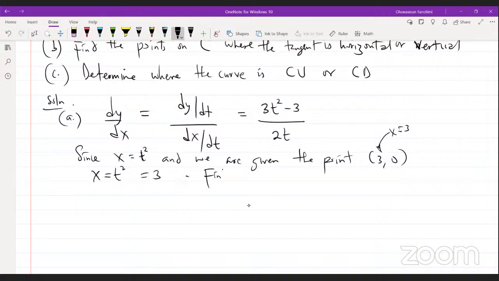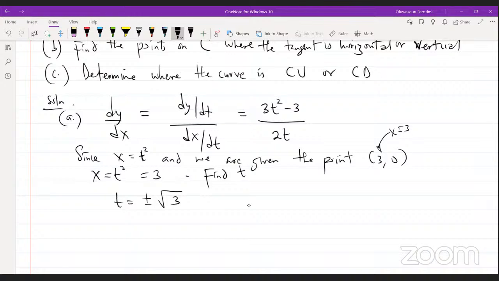So we just find t. Why is this important? Because we need to do some plugging in to find the slope. So we need to find our t: plus or minus the square root of 3.